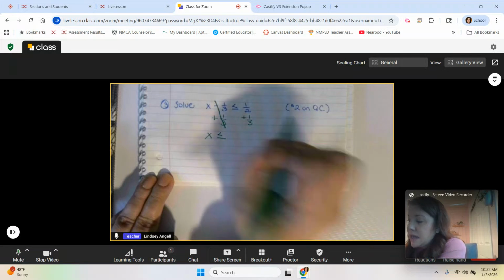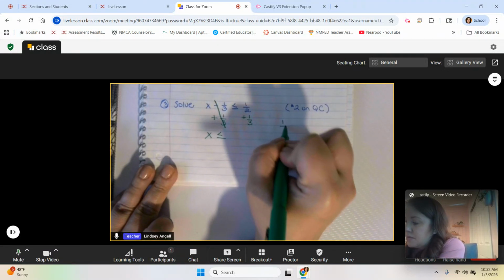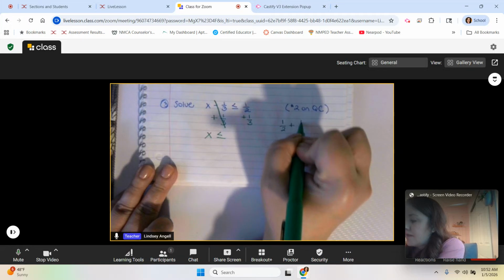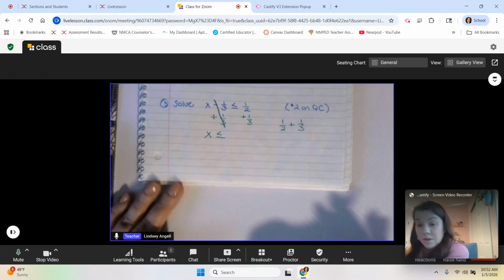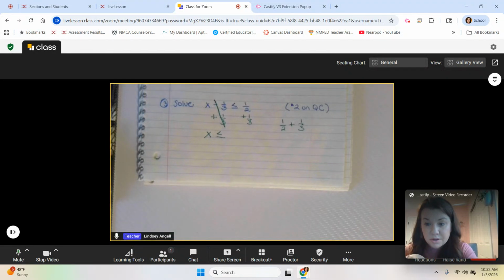And now I need to actually solve this. So I can come over here to the side. 1/2 plus 1/3. Well, remember I talked about all those integer rules, right? When you're adding fractions, you have to have a common denominator. So the least common denominator for 2 and 3 is going to be 6.